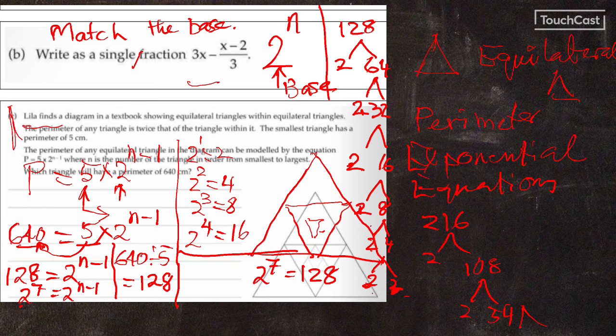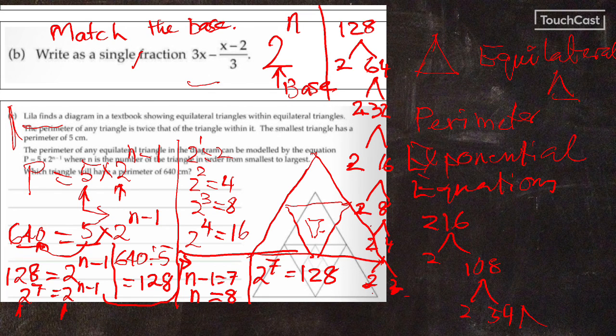Since the base is the same, 2 and 2, the powers can be equated, and if I solve the basic year 9 or year 8 equation, that will give you n equals 8.